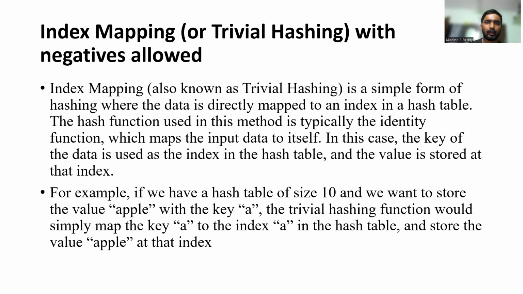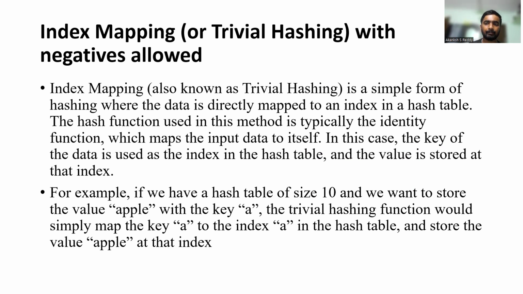Index mapping, or trivial hashing with negatives allowed. Index mapping, also known as trivial hashing, is a simple form of hashing where the data is directly mapped to an index in the hash table. The hash function used in this method is typically the identity function, which maps the input data to itself.